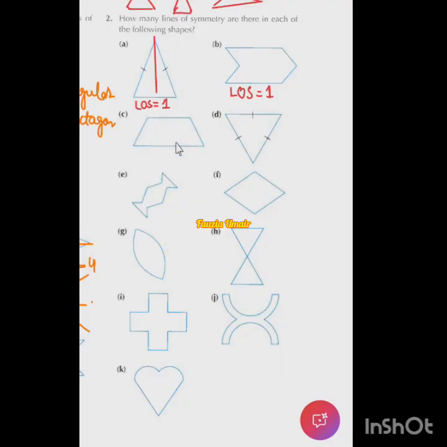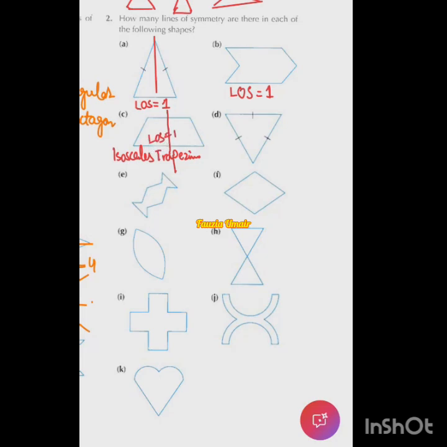Now what about C part? Can you tell me the name of this shape? Trapezium. That's right. But what kind of trapezium is this? This is called an isosceles trapezium, the one which is symmetric on one side. So we can draw one line of symmetry.